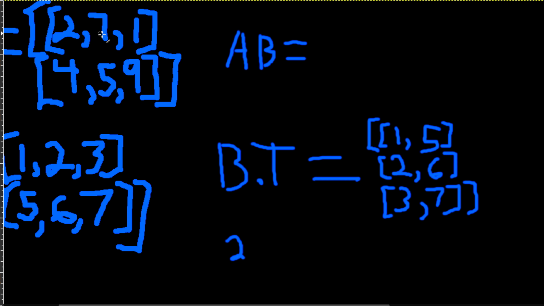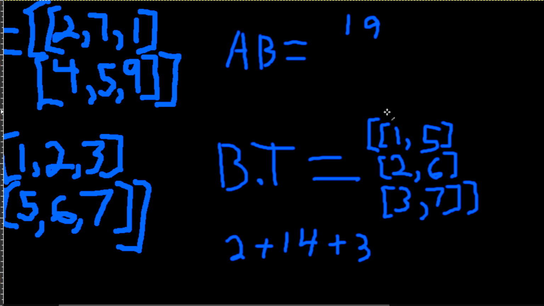The second element up here is multiplied with the second element down here. So 7 times 2 is 14. You add these, plus 14. Then move to the third element here, which is 1, and multiply it with the third element going down, which is 3. So plus 1 times 3 is 3. So 2 plus 14 plus 3 is 19.